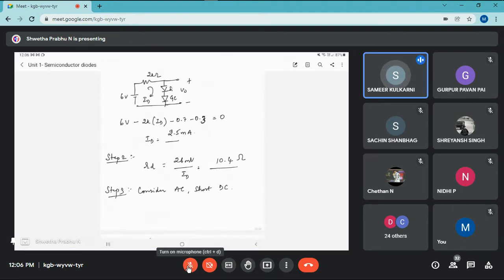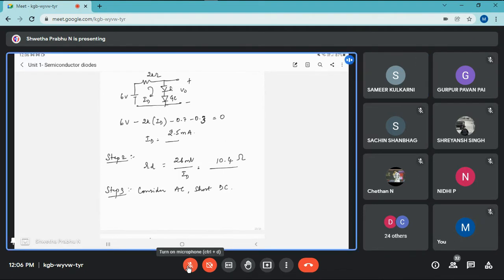Ma'am, but while considering the current, we are considering both as a single unit. No, the current can't be different, because the same current flows throughout the circuit. There won't be a different current through the silicon diode and a different current through the germanium diode. Since we are dealing with a series connection, the same current flows throughout the circuit.